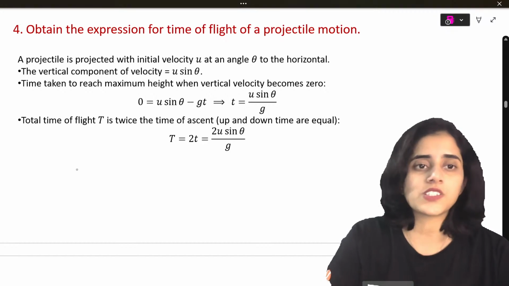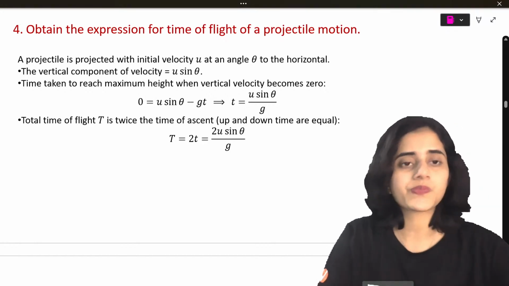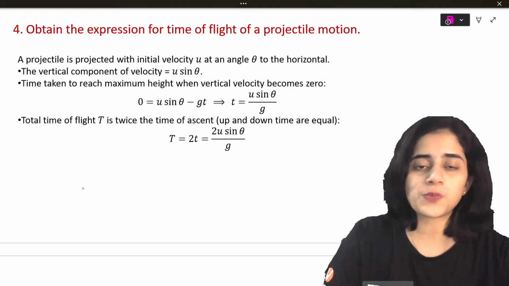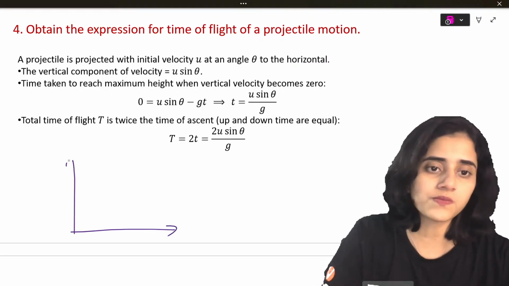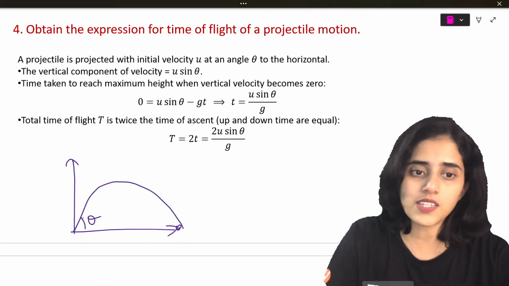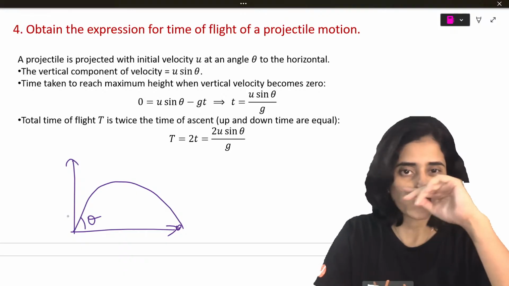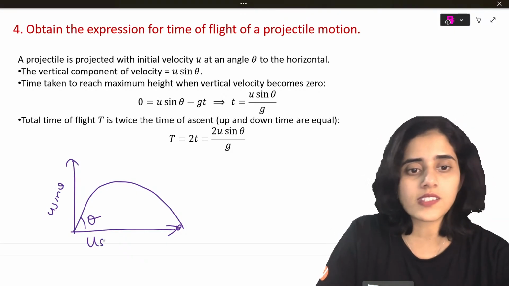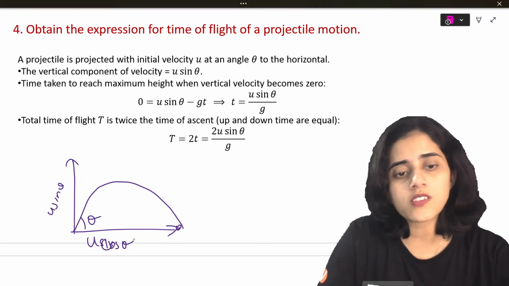Next question. Obtain an expression for time of flight of a projectile motion. So for projectile motion, first thing you need to know, this is how it is. This is your theta. So this is u sine theta and on this side we have u cos theta.